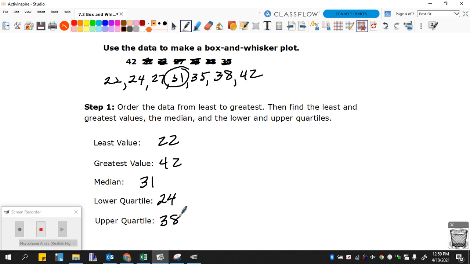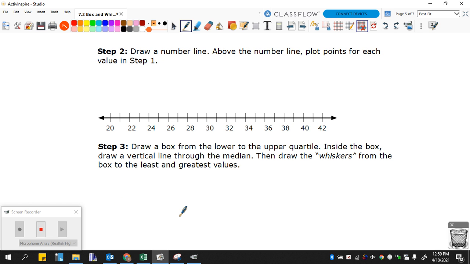All right. So, once again, I've drawn the number line and plot the points. So 22 and 42.